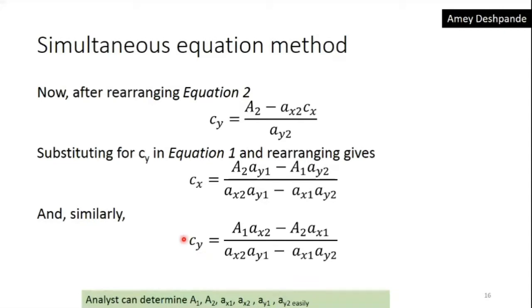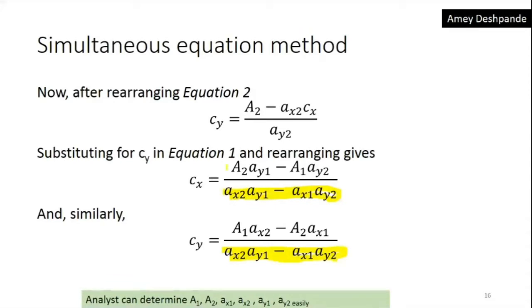Now, there is some trick to remember these formulae. If you see the denominator for both the formulae, they are exactly the same. So the denominator is easy to remember. It is always ax2 ay1 minus ax1 ay2.